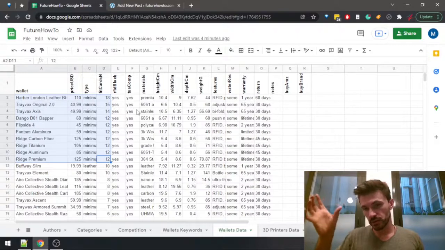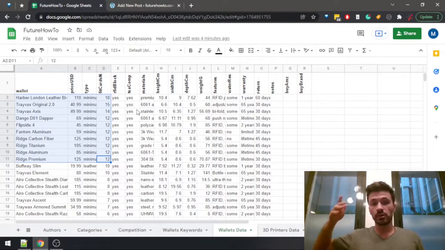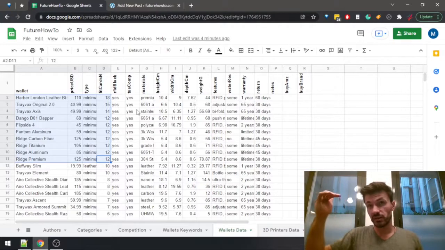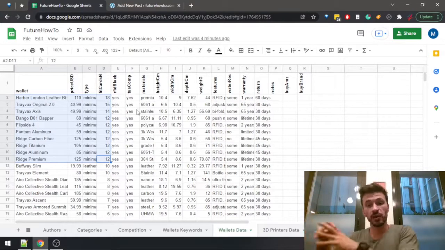All of the competition are only doing 5 best minimalist wallets, or maybe 5 best minimalist wallets with a lot of card capacity, but they're just going to order 5, 7, 10 items. They're not going to say this is even better if you have another specific use case, another problem that you're looking to solve as well. Getting specific is always good, I believe, and that's why I think this is probably one of the key secrets to the success I've had in other niches and other blogs.